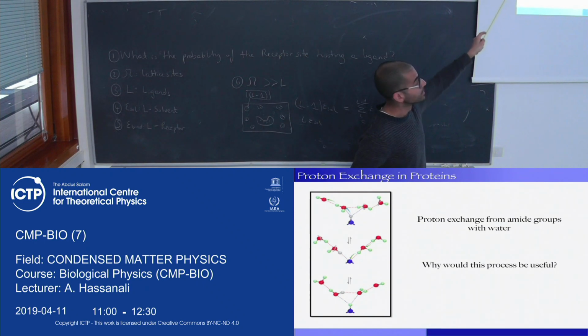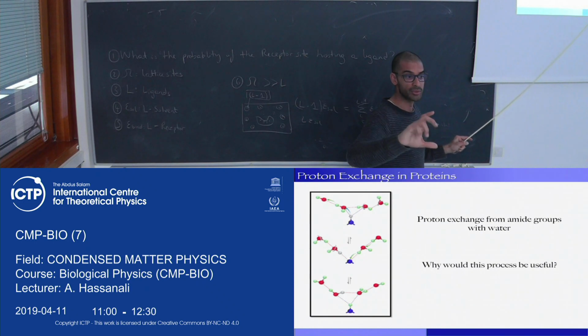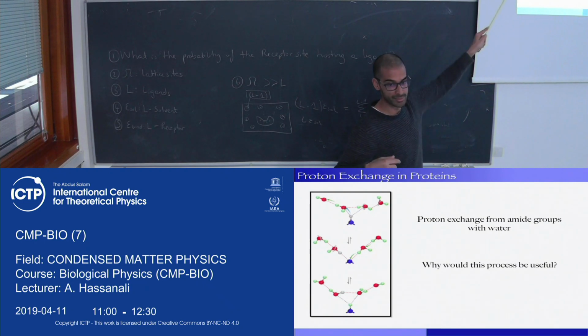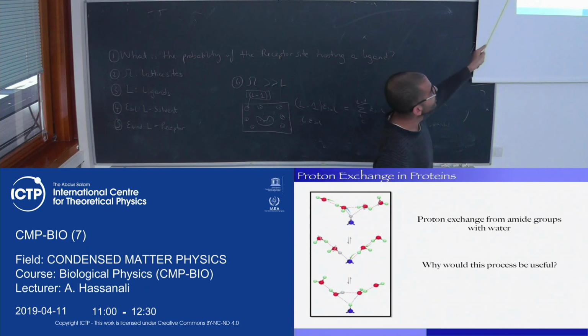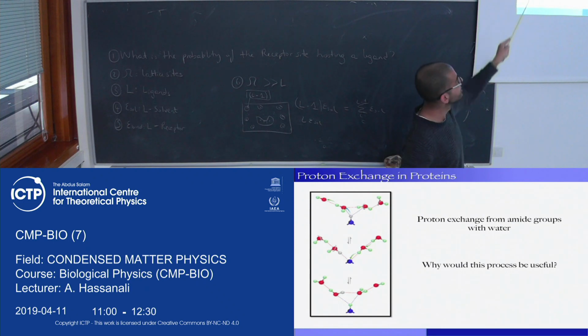In the way that I presented it to you, it was a static, rigid object. But when you put an NH group in water, the proton can exchange with the environment. Very rarely, but it happens, a proton will hop onto the solvent, dissociate, and then get exchanged by another proton.